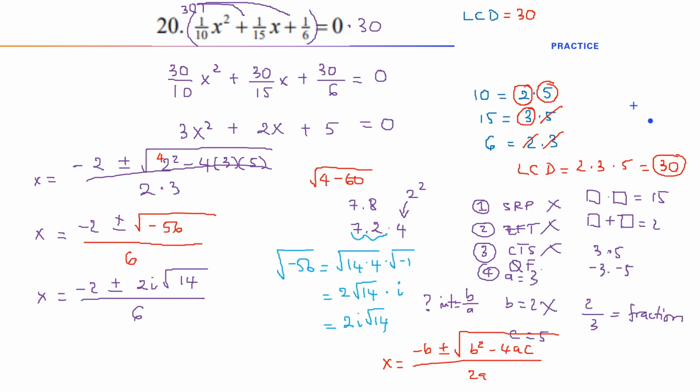We see that we have 2 right here, 2 right here. 6 is 2 times 3. So we can simplify that 2. What is left is x equals negative 1 plus or minus i square root of 14 over 3.